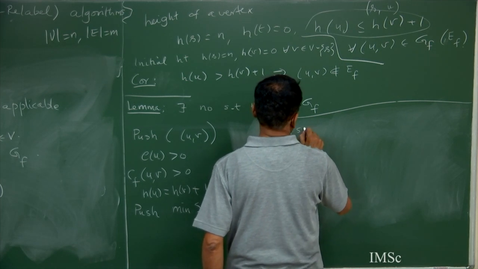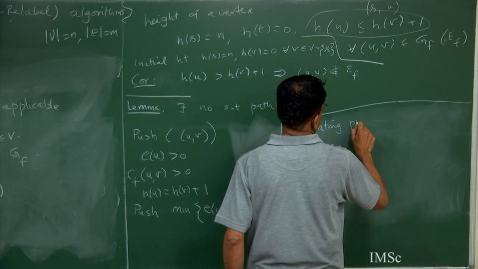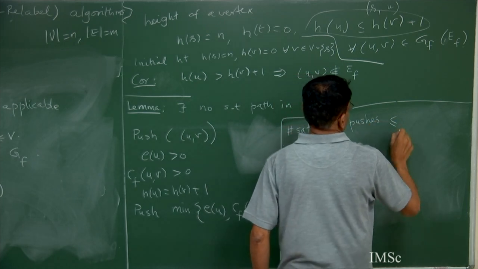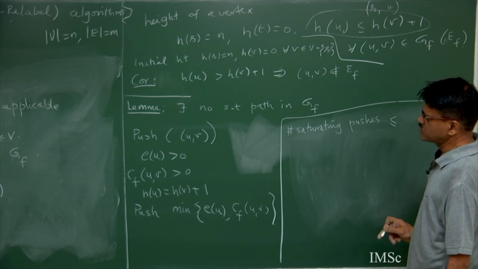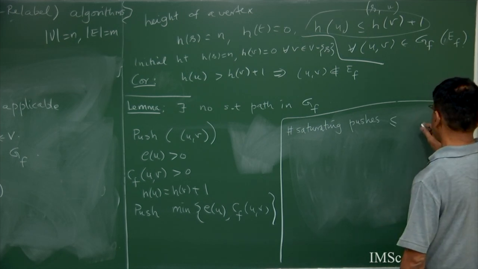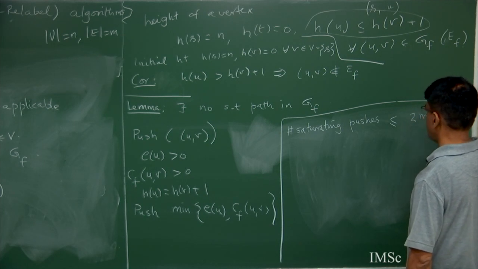Number of saturating pushes I'm going to say is order mn. Do I want to write more precisely? I think 2m into n, let's say.